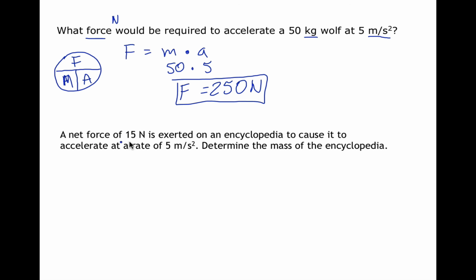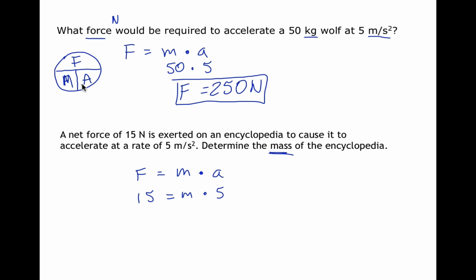The next one: a net force of 15 newtons is exerted on an encyclopedia to cause it to accelerate at a rate of 5 meters per second squared. Determine the mass of the encyclopedia. So now we're trying to find mass, so we can write our formula out. F equals mass times acceleration. We're trying to find mass, so you're going to leave that one just as m. Force is 15, acceleration is 5, times m equals.